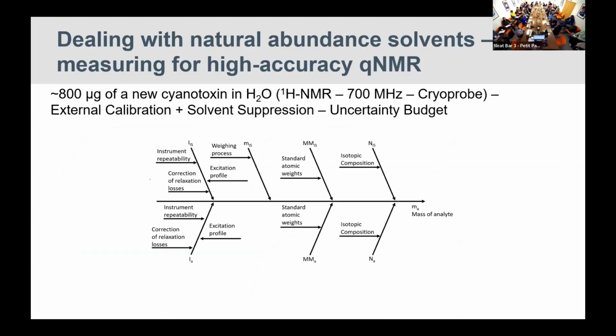And also, we had to consider relaxation losses during the sequence, because, again, this sequence is not a simple pulse-acquired sequence. And although we've tried to keep those pulses as short as possible, they're not negligible. They're something in the range of 10 microseconds total for the whole sequence.